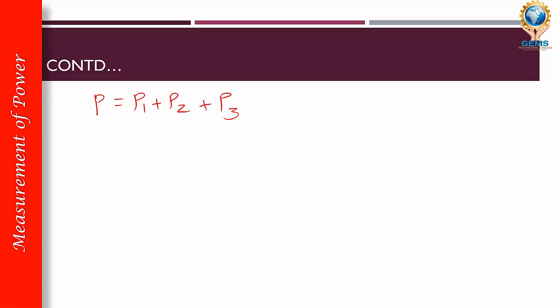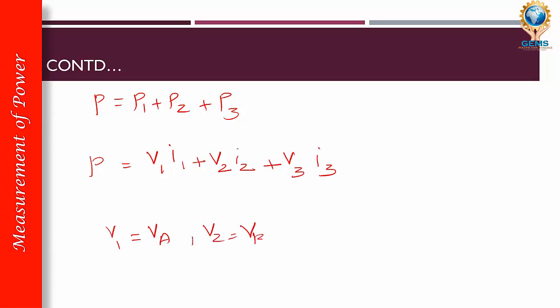So P is equal to V1 I1 plus V2 I2 plus V3 I3. V1 is nothing but VA, V2 is nothing but VB, and V3 is nothing but VC. So this is my total power if I have 3 watt meters at a time.